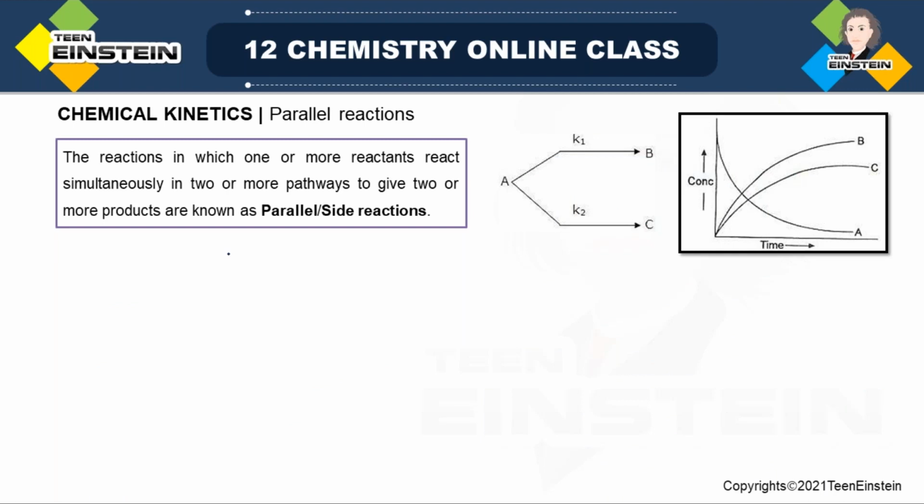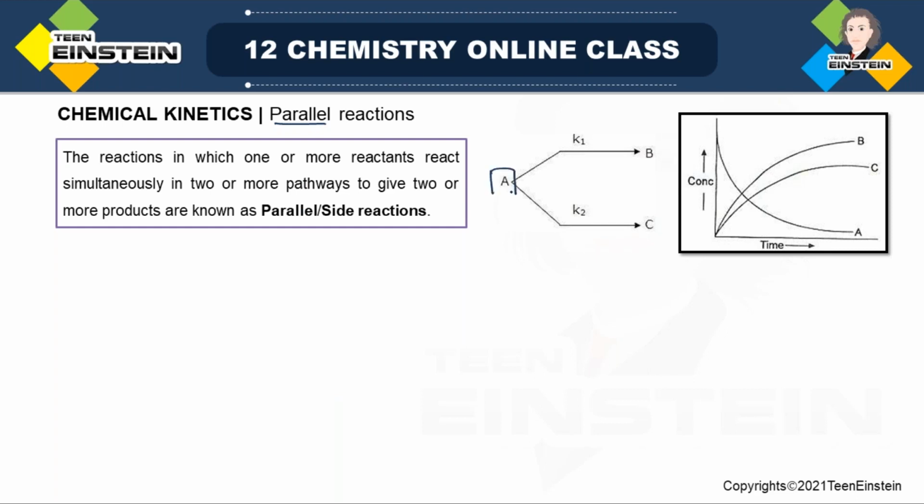So we have discussed many problems related to rate expression, order, etc. Now we are discussing a completely different topic, which is parallel reaction. This type of reaction example we have not discussed before. From the name you can understand that two paths in the reaction will be going on simultaneously.